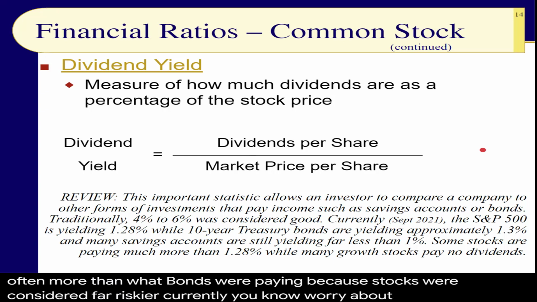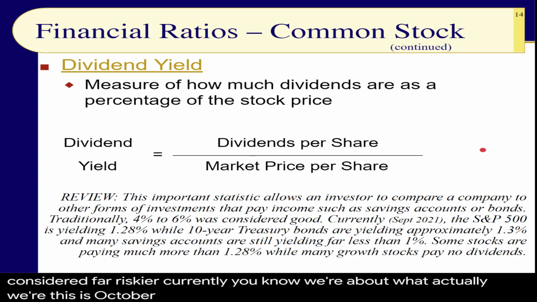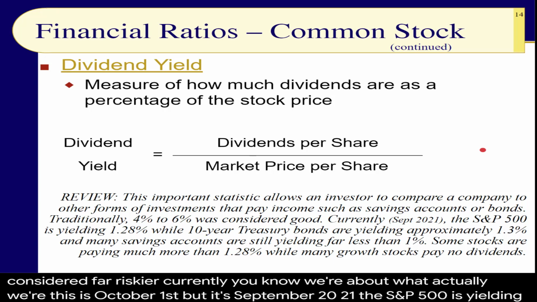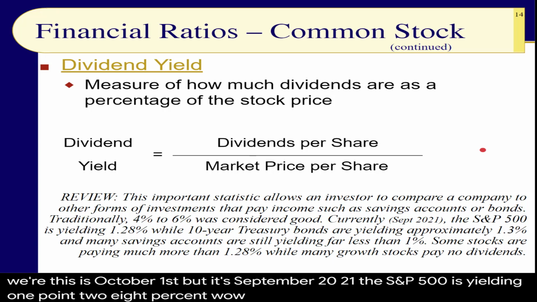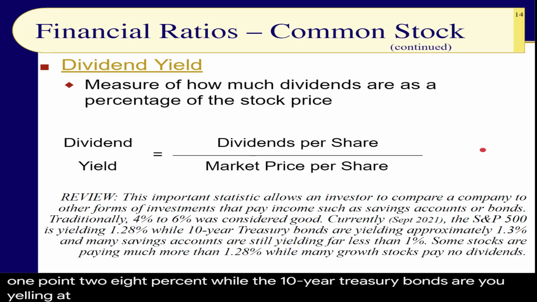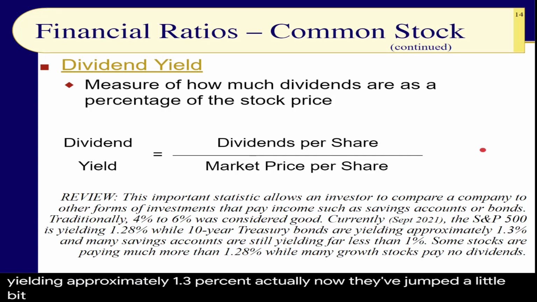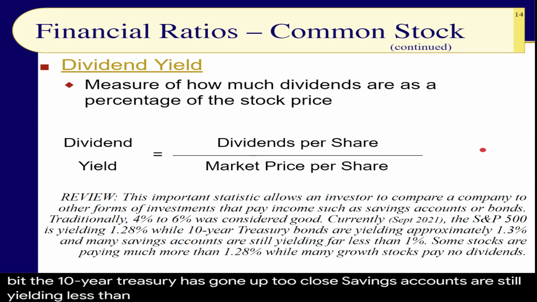Currently, this is October 1st, but September 2021, the S&P 500 is yielding 1.28%, while the 10-year Treasury bonds are yielding approximately 1.3%. Actually, now they've jumped a little bit. The 10-year Treasury has gone up to close to 1.5%. But many savings accounts are still yielding less than 1%, right?